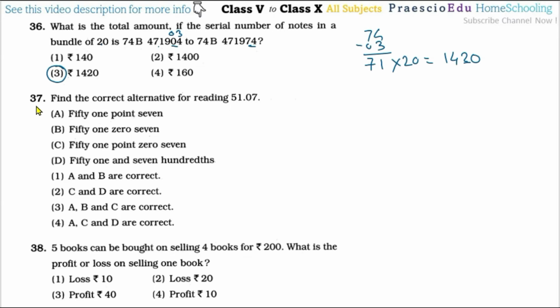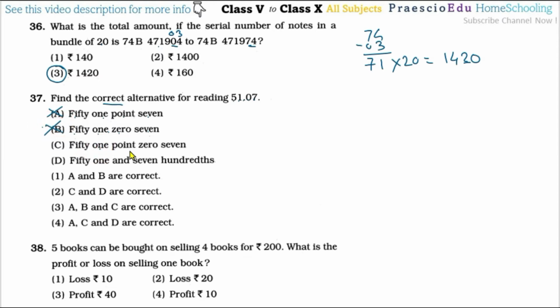Then question number 37, find the correct alternative for reading 51.07. So 51.7 is there, but actually that is 07. So statement A is incorrect. Then 5107, no, the decimal point has to be taken out when read, so statement B is incorrect.